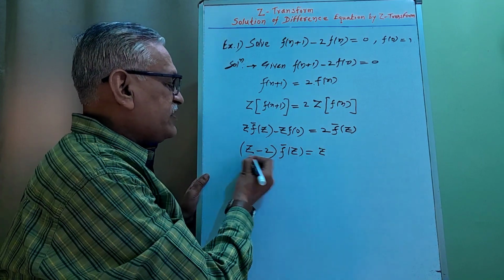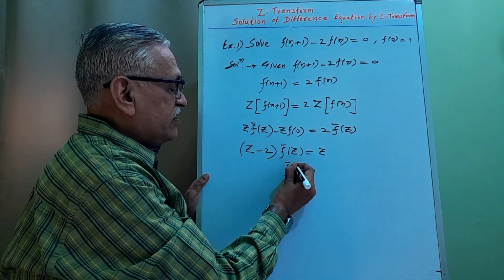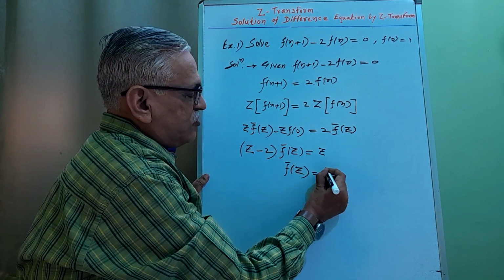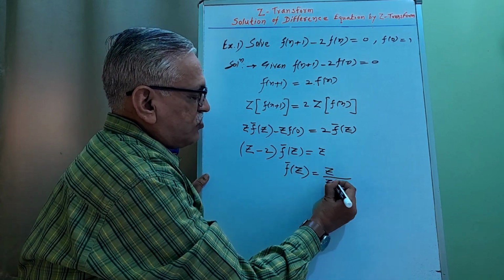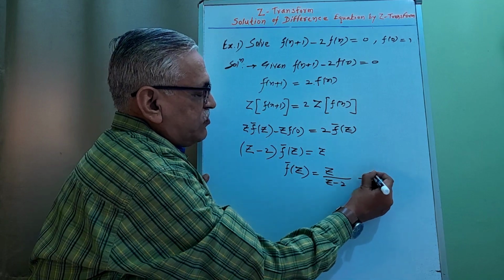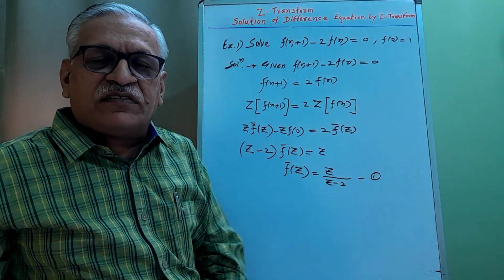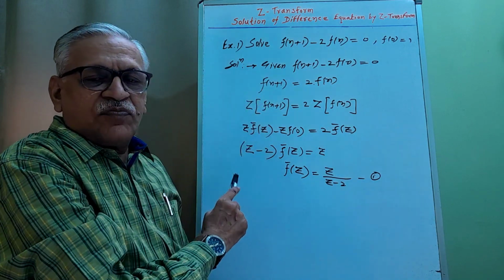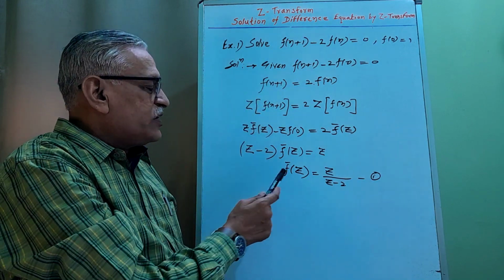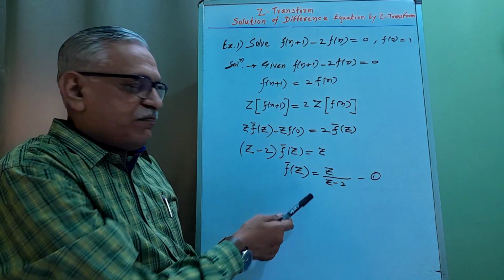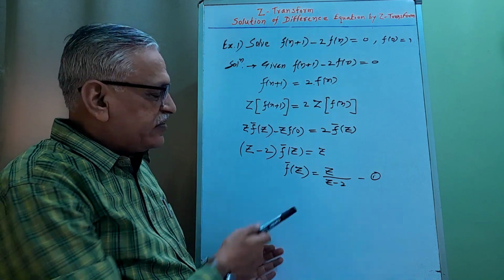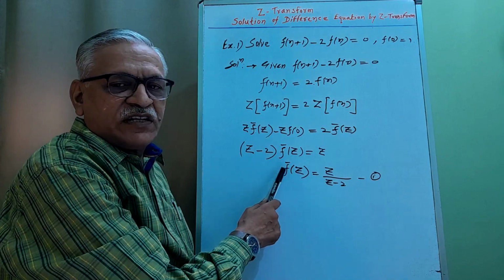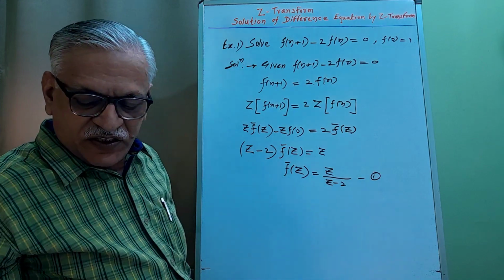Then dividing by z minus 2, we get f bar of z as z upon z minus 2. Equation 1. Here the first half is completed. I have obtained the Z transform of the given difference equation to get an expression for f bar of z. In the next half, we need to find its inverse Z transform by the residue technique.